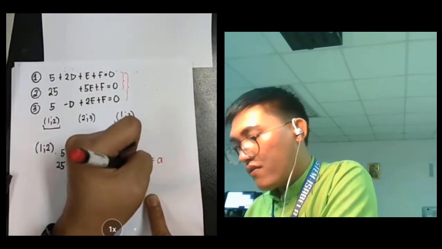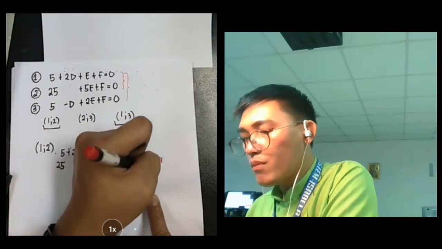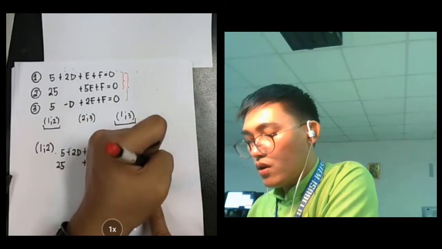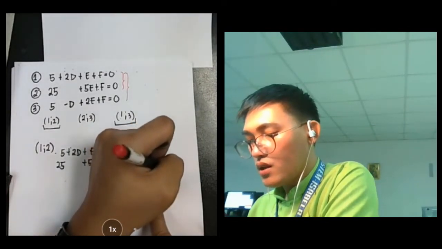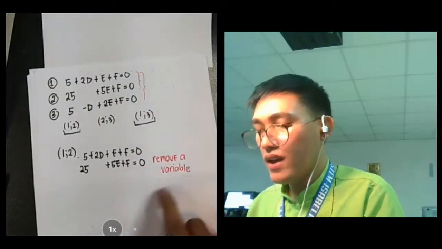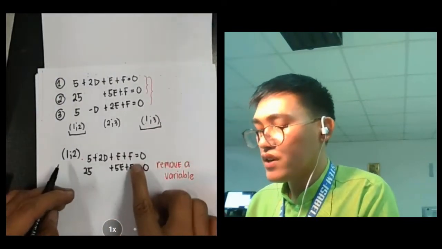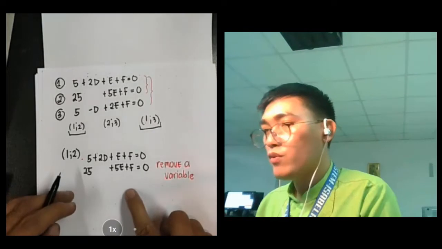When I say a variable, I refer to one variable. It is very easy here to remove f, because if we just subtract them, then we will be removing f. Let us subtract.